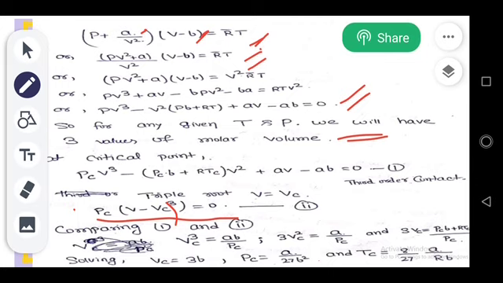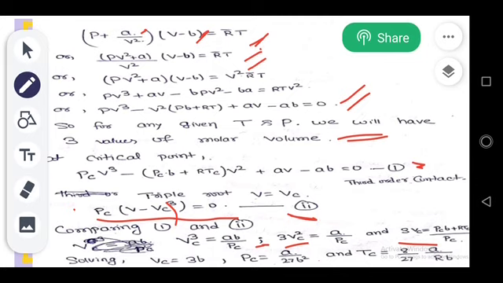Now compare this equation 1 and 2, this equation and this equation. So you will get Vc cube is equal to AB divided by PC, 3Vc square is equal to this, 3Vc is equal to this, right? Okay.